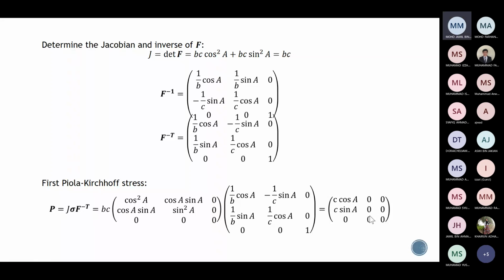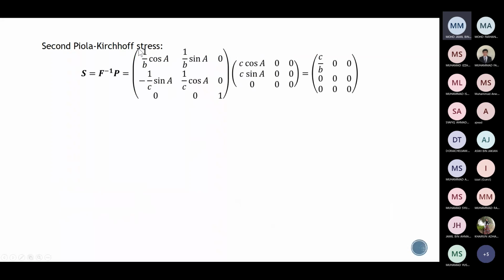After you calculate P, you can calculate the second Euler-Kirchhoff stress tensor. So S is just F inverse times P. You calculate this tensor, calculate slowly, and you get this answer, C over B. The others are zeros. So here you know that S is symmetric.